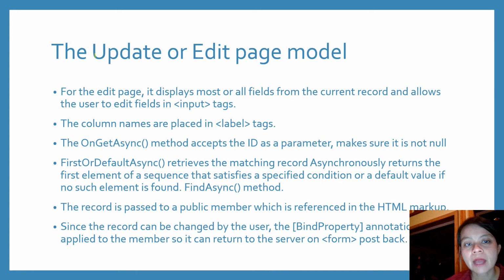Then we have the update, or if you want to call it, the Edit page model. The Edit page displays most or all the fields from the current record and allows the user to edit the fields in the input tags. The column names are placed in the label tags. The OnGetAsync method accepts the ID as a parameter and makes sure it's not null. Open up your page and you'll see the FirstOrDefaultAsync method, which retrieves the matching record.